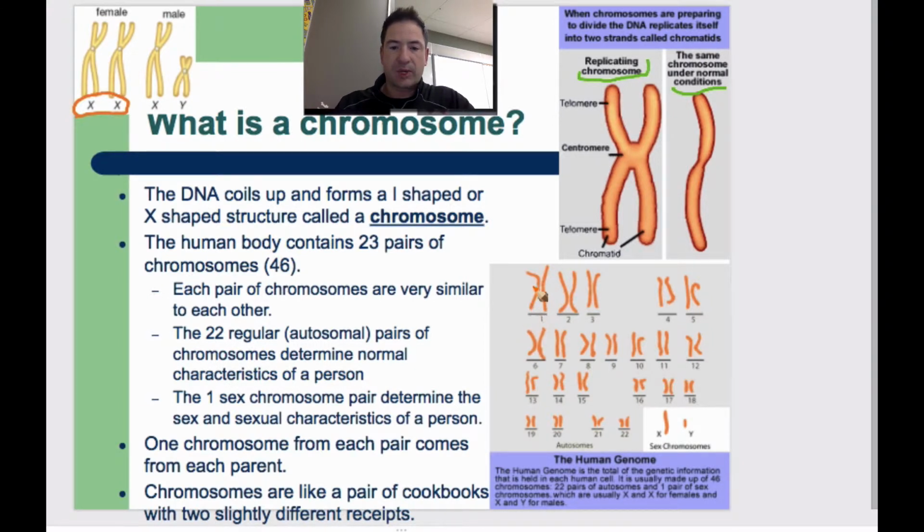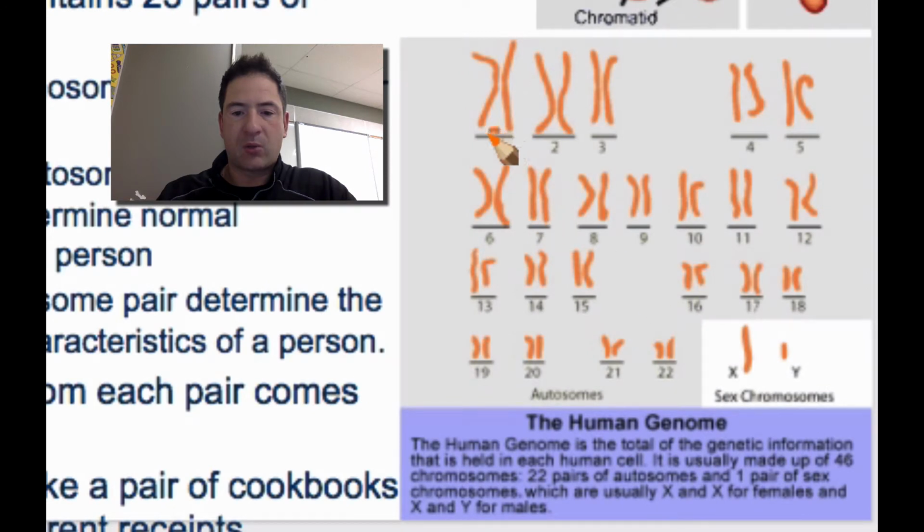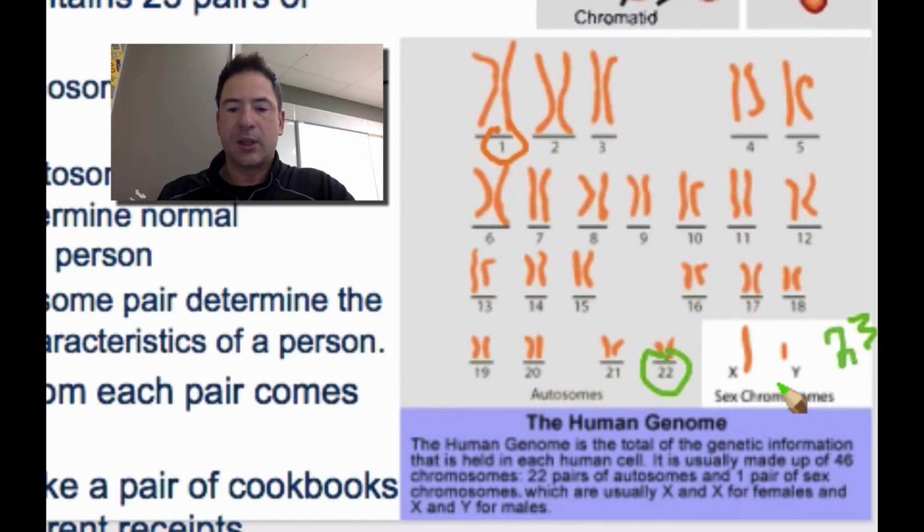We have these chromosomes, one from the male, one from the female, the same size, paired up. You'll notice there are pairs from 1 to 22, but look at the 23rd chromosomal pairing. They are X and Y. These are the sex chromosomes.